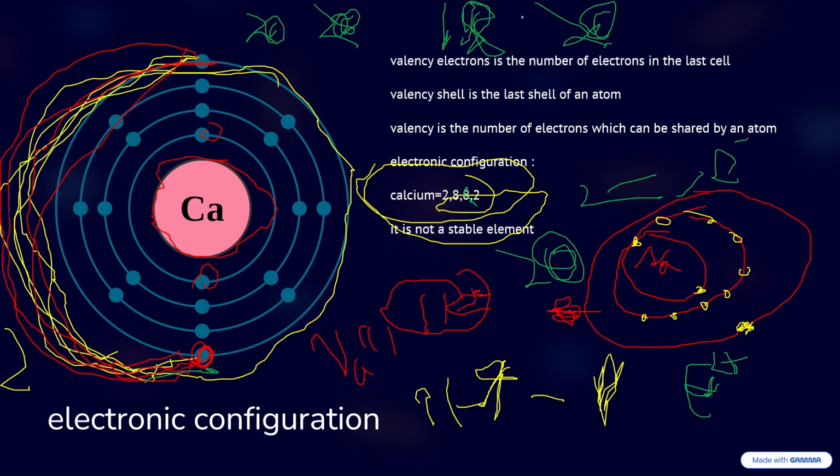Electrons are negatively charged in nature, you know, right? So it has 18 electrons after losing 2 electrons, and it has 20 protons. So now the negative charge is less than the positive charge, right?